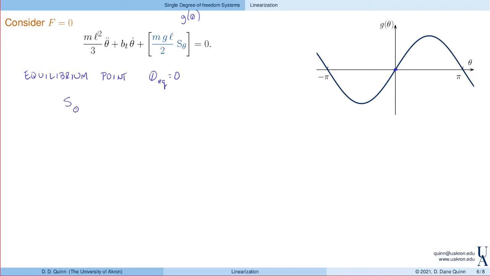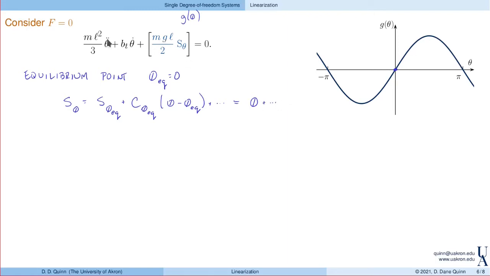So sine of theta is equal to sine of theta equilibria plus, now the derivative is cosine, so I get cosine of theta equilibrium times theta minus theta equilibrium, and then we throw away the higher order terms. And so for this equilibrium point, sine of theta, and you probably knew this, is approximately theta.